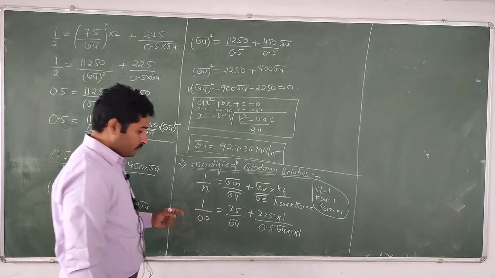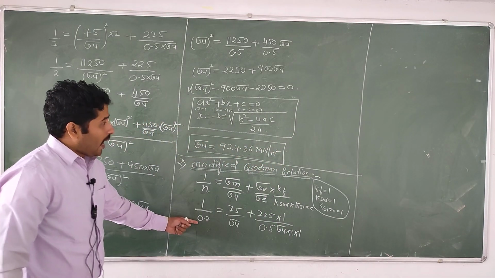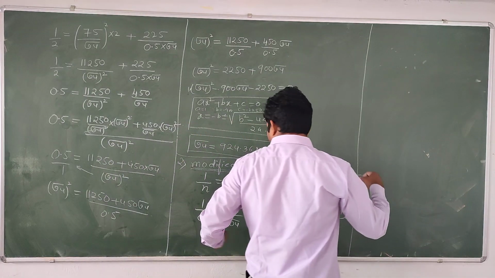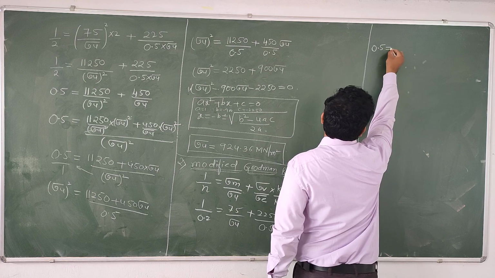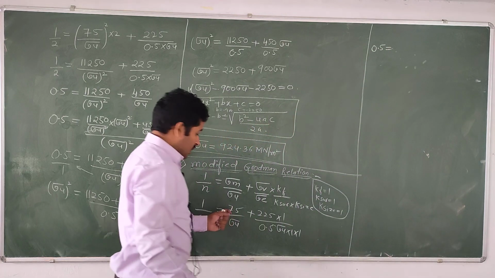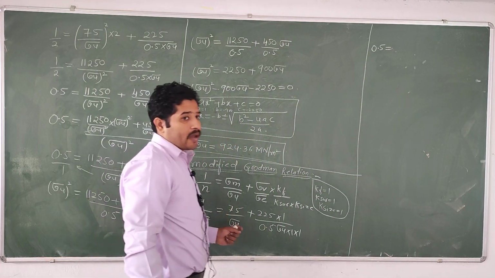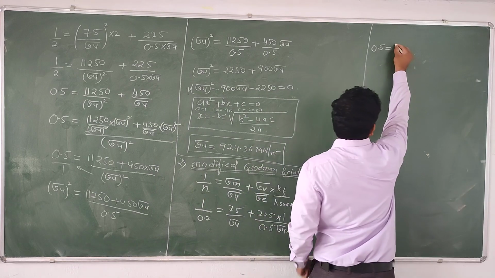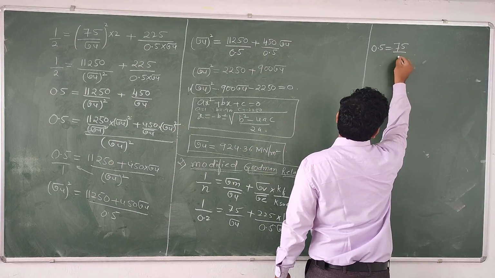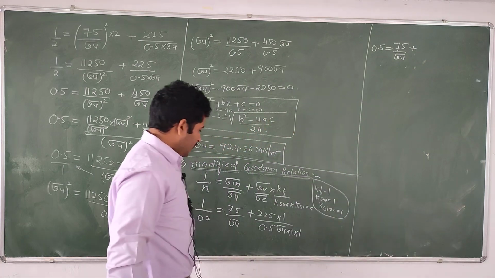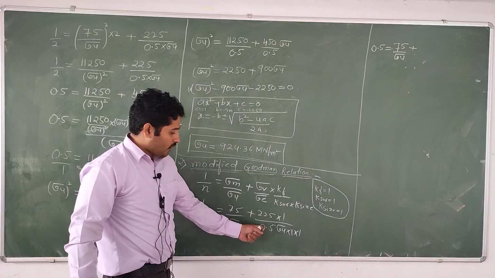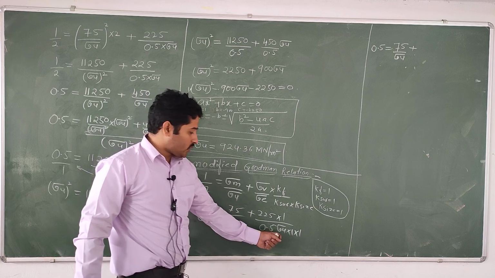Done. 1 by 2, nothing but 0.5, equal to 75 by sigma u, keep as it is, plus 225 divided by 0.5 into sigma u.